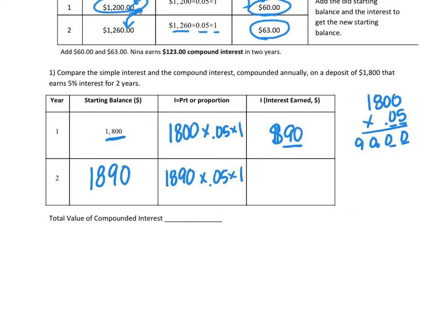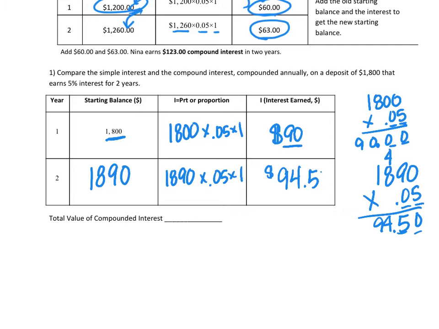It's not going to change anything. So we're going to say 1,890 times 0.05. And so the second year, they made $94.50.